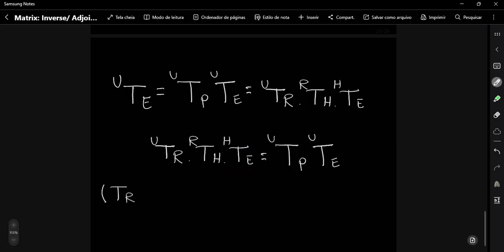So we will cancel this term and this term, so we will be left with only one transformation. We will cancel these transformations by multiplying by the inverse.